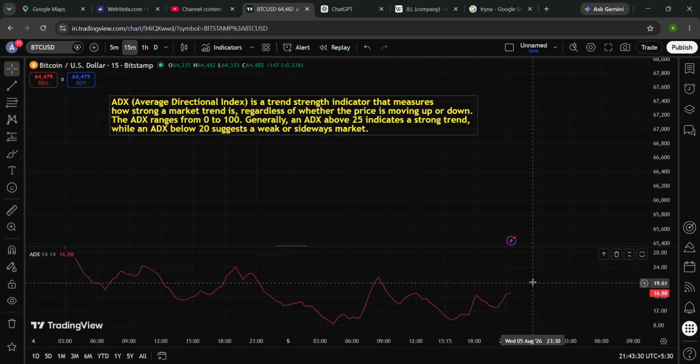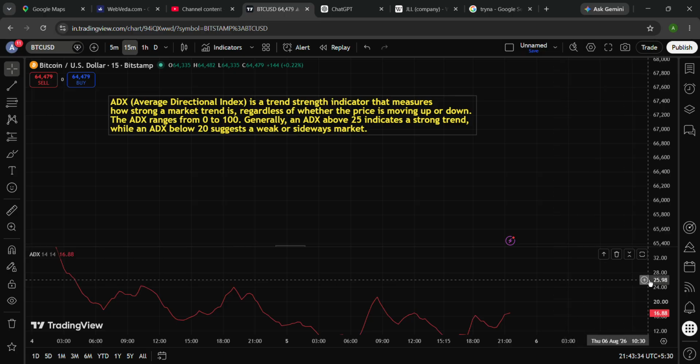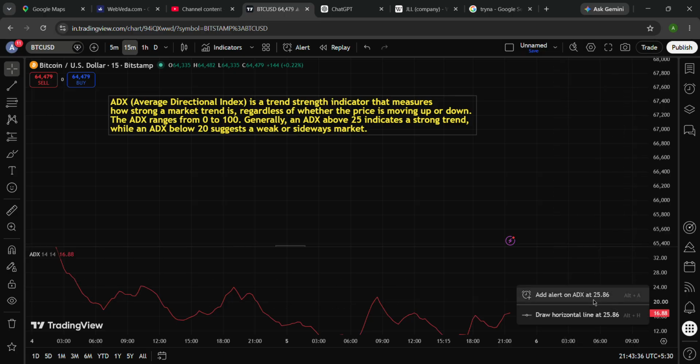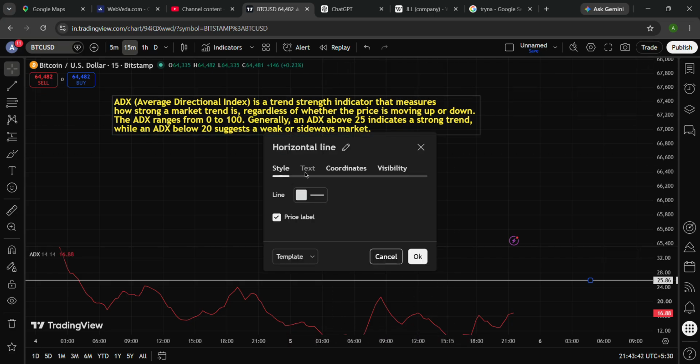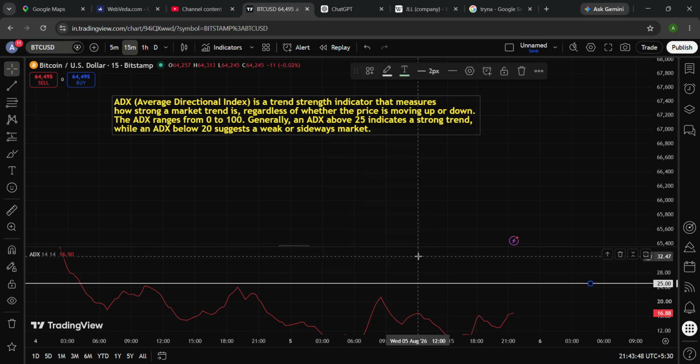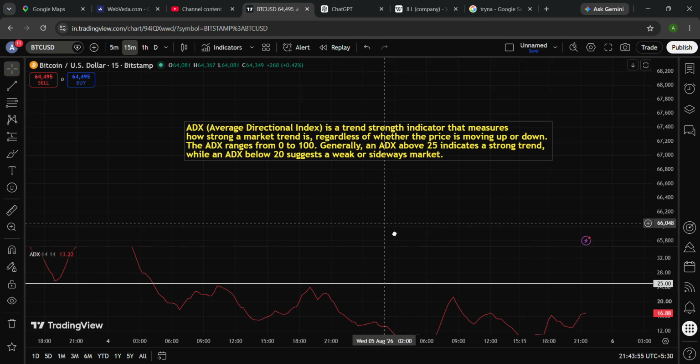Let me mark 25 here. So this is pure 25, and it tells us that an ADX above 25 is a stronger trend.